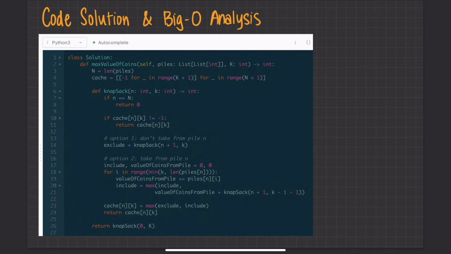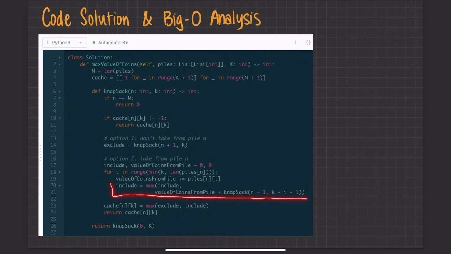So value of coins from pile needs to be updated to add in the value of the current coin n i. The value of include gets updated to the maximum between itself and the current value of coins from pile that we've just updated, plus the knapsack of n plus 1, k minus i minus 1, meaning we take i plus 1 coins from pile n.